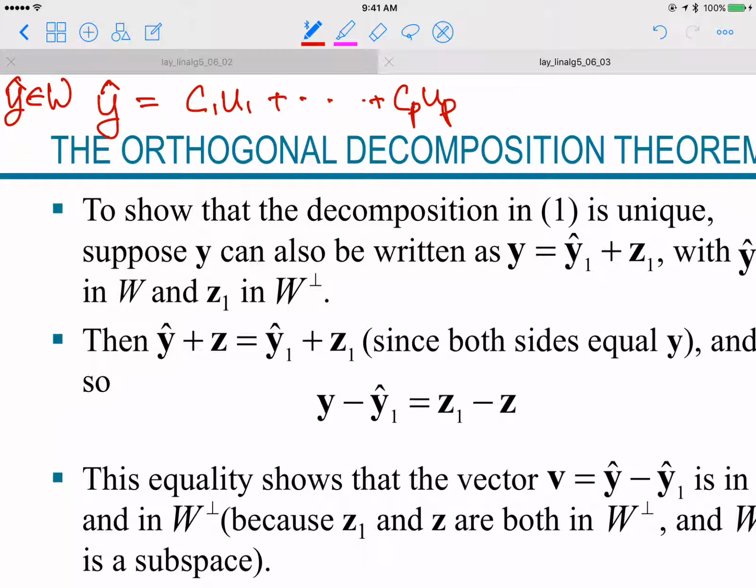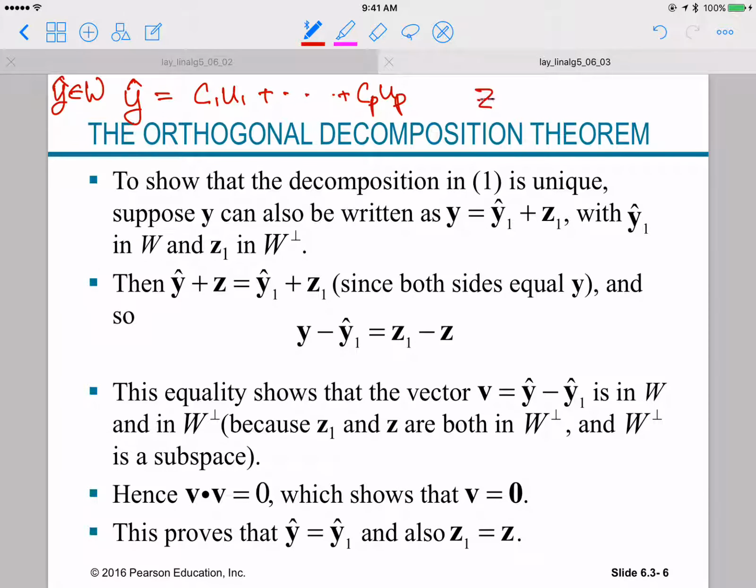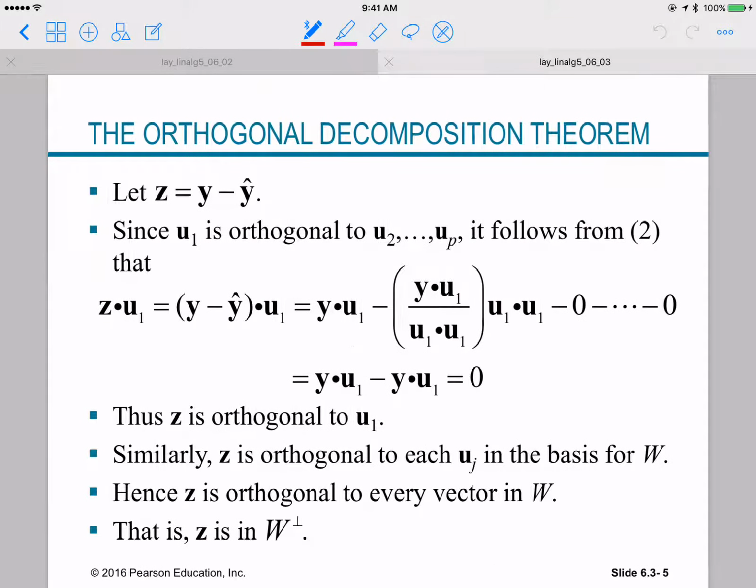Now z should be in W perpendicular. So we have to have y minus y hat, which is our z, orthogonal to W, which means z should be orthogonal to u1, u2, u3, and so on, all the way until up.